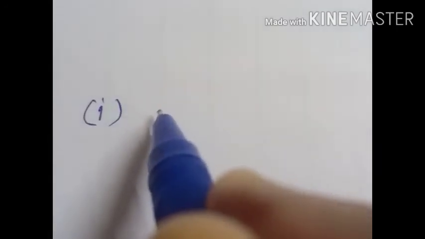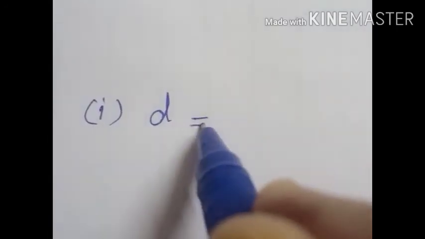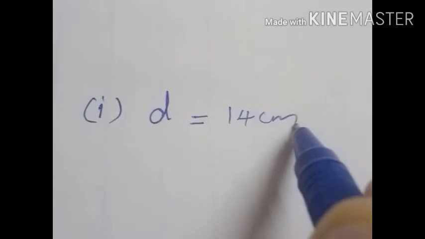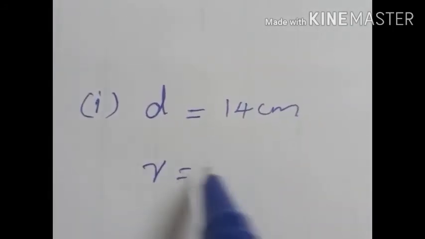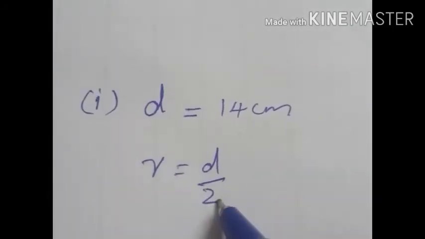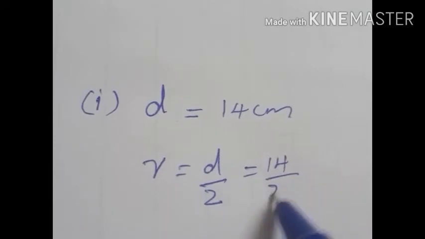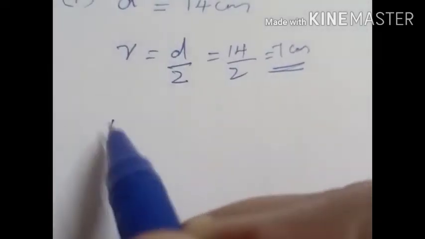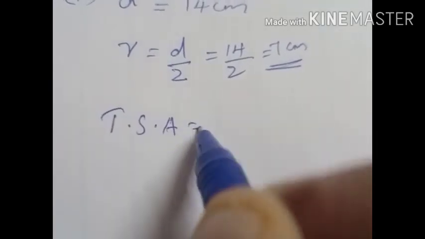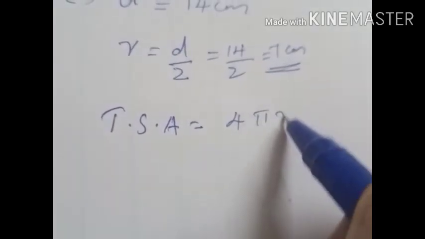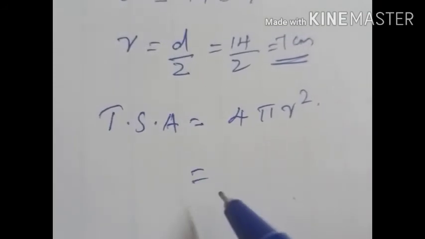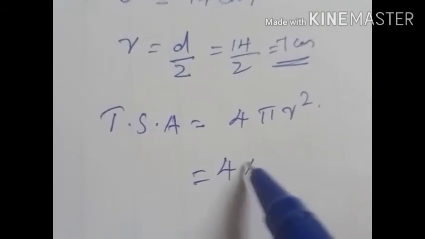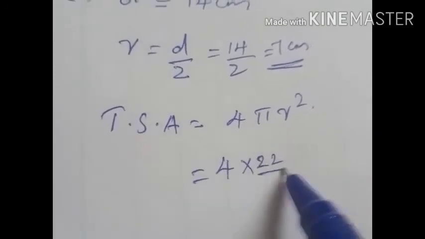In the first sub-question of this section, it is given that diameter D is equal to 14 centimeter. So we have to find the radius first. Radius equals D by 2, that is 14 by 2 equals 7 centimeter. Then we have to find the surface area of the sphere. That is equal to 4 pi r square. Here also pi is not given separately, so we should take the value of pi as 22 by 7.